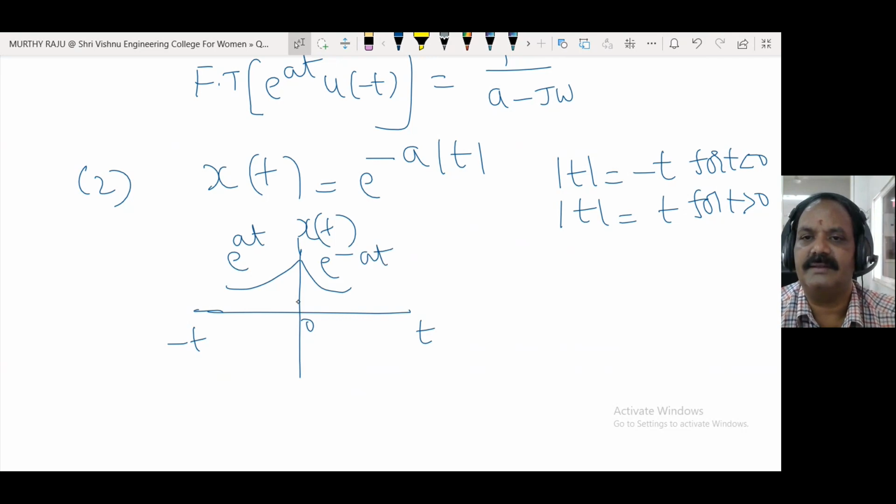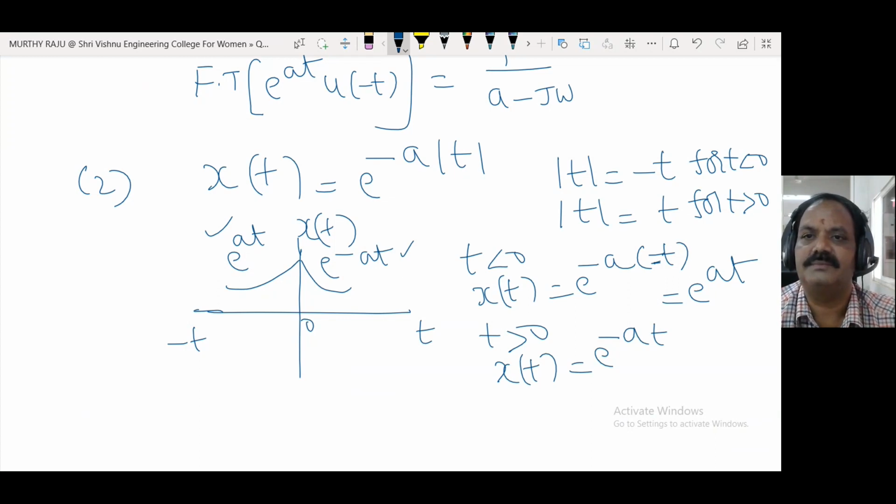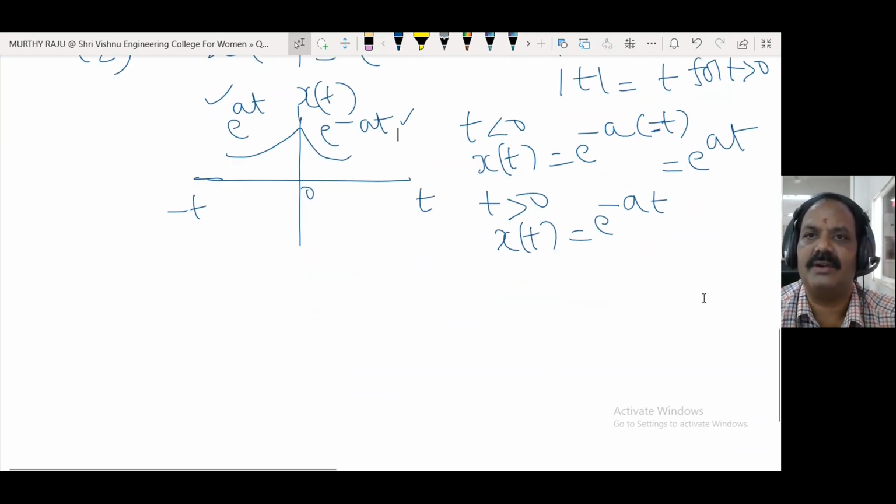Since mod t is minus t, x of t is equal to e power a t. For t greater than 0, the positive interval, mod t is t, so x of t is e power minus a t. Now find out the Fourier transform.